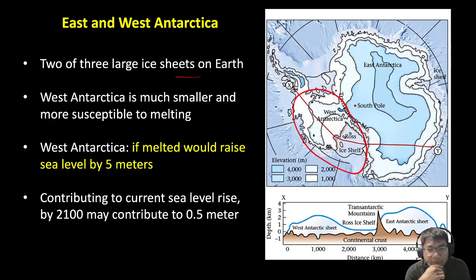If it melted, it would raise sea level by 5 meters. If you had some property along the shore, that's not going to survive a 5 meter increase in sea level. But anyway, contributing to current sea level rise, it may contribute 0.5 meter of sea level rise by 2100 if it keeps melting.